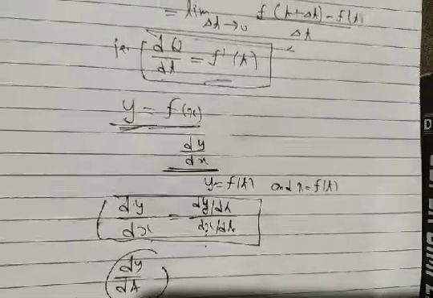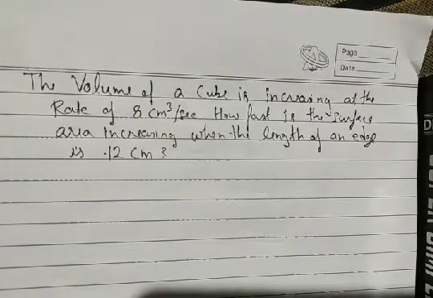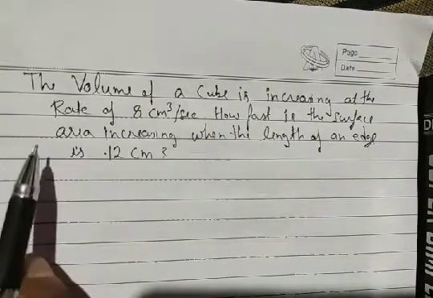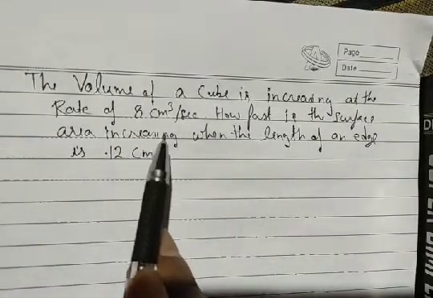This is the basic concept of rate of change. We can discuss it with a simple example. Look at one of the problems given. The volume of a cube is increasing at the rate of 8 cm cubed per second.